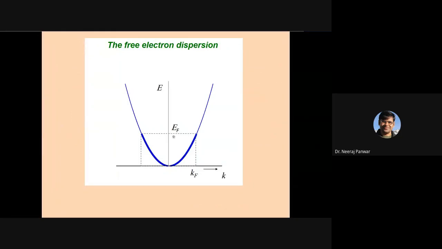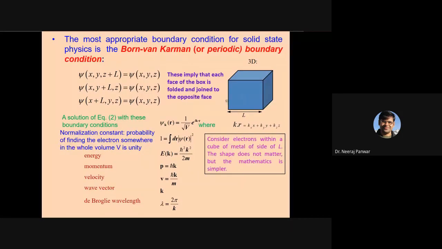And at T equal to 0 Kelvin, all the k states will be filled up to the Fermi level, and states above the Fermi level at T equal to 0 Kelvin will remain empty. This is the cube we considered, and if we join any face of the cube with its opposite face, then we can apply the periodic boundary conditions.